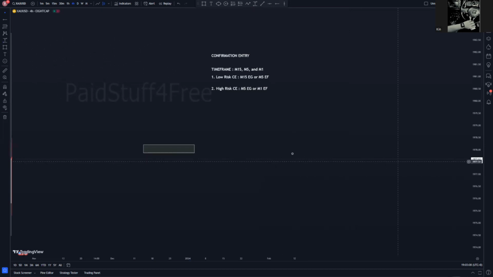Low risk means less pressure, though sometimes it's going to be high pressure because we miss 100 pips straight, 200 pips straight, something like that. So that's it for the confirmation entry.